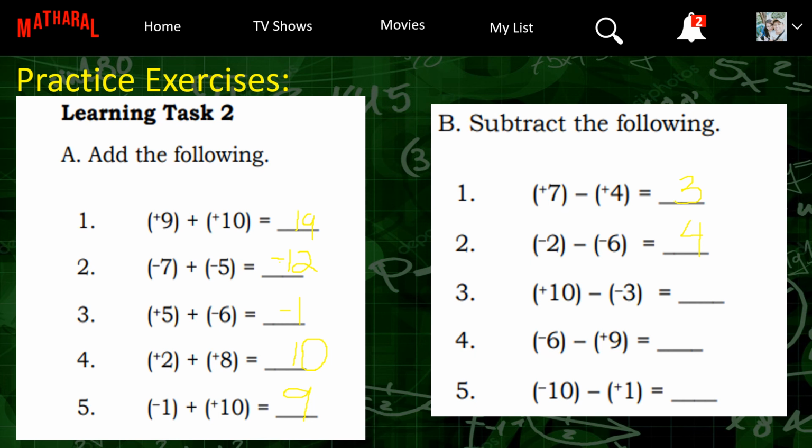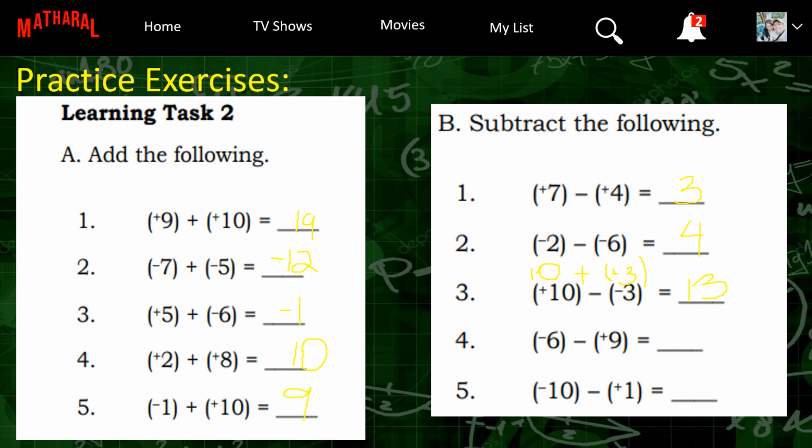Positive 10 minus negative 3 is positive 13. Bakit kaya daw yung naging positive 13? Keep, change, opposite. Ayun po, oh. Nakita niyo na po, parang nag-10 plus 3 lamang po.